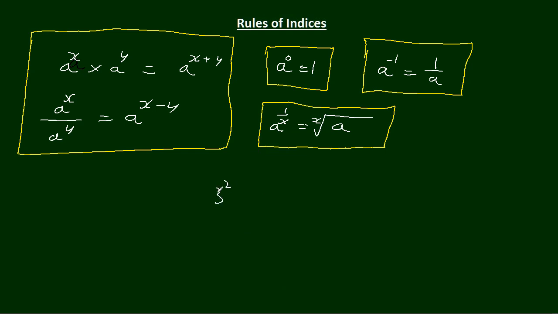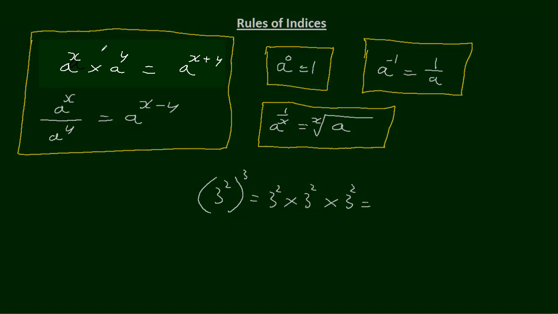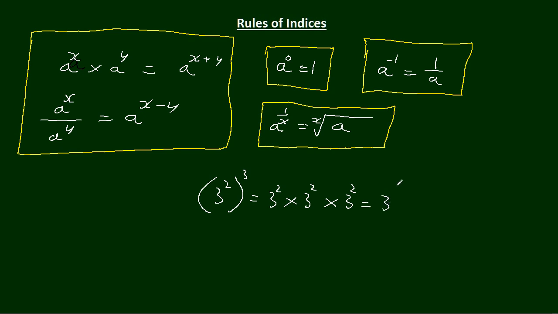3 squared, and we'll cube that. Well, that's the same as doing 3 squared times 3 squared times 3 squared. And using our rules of indices, this one up here, where we add them, that'd be 2 plus 2 plus 2, or 2 times 3.